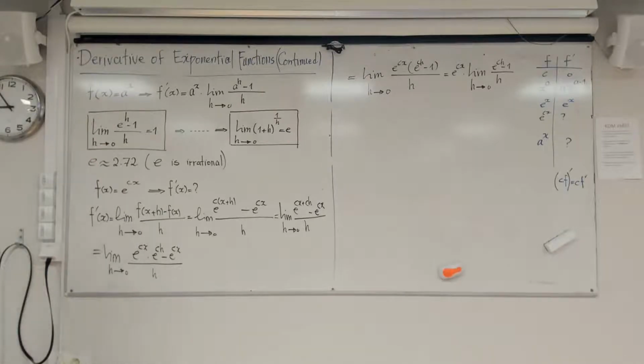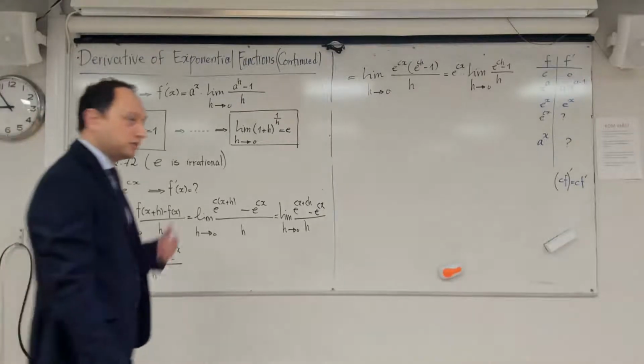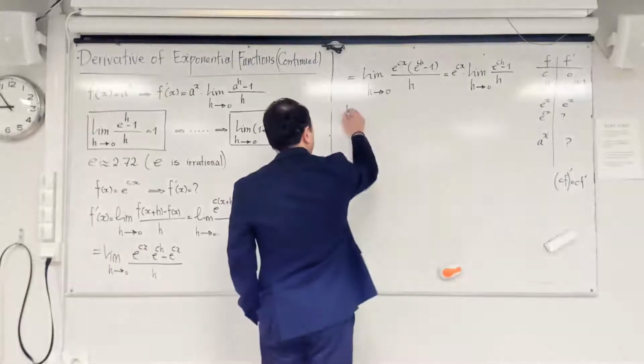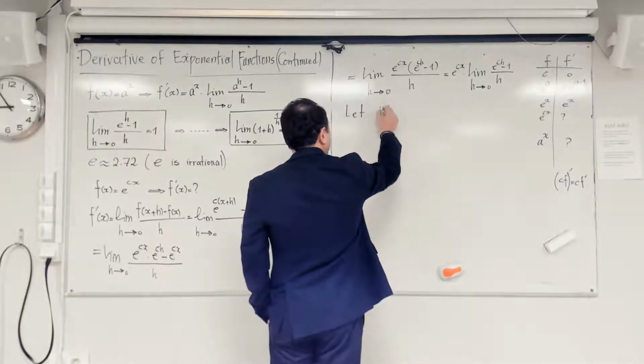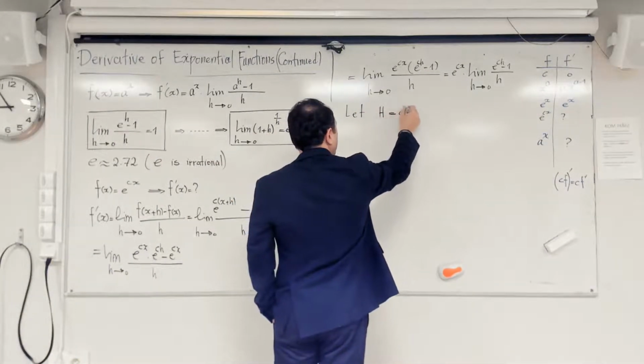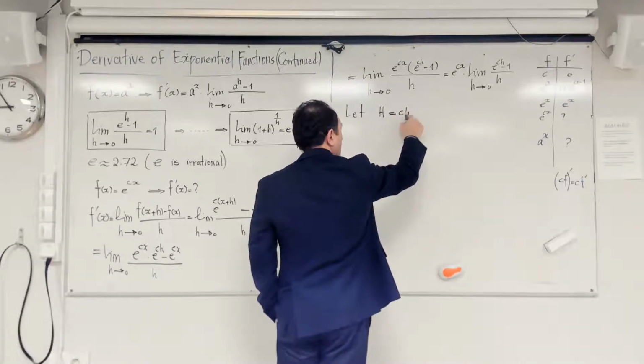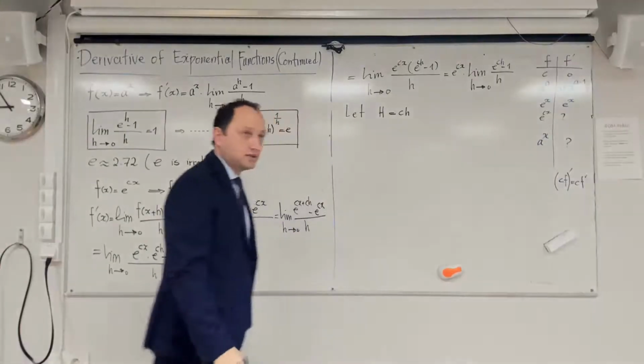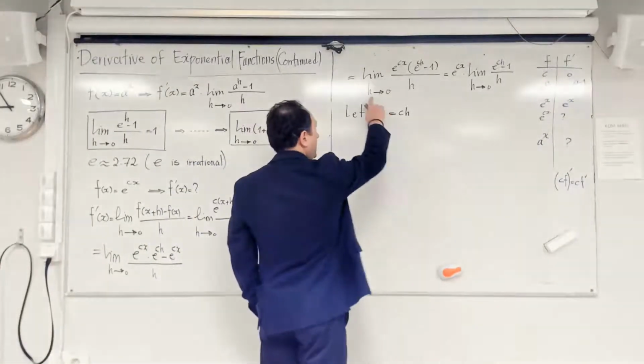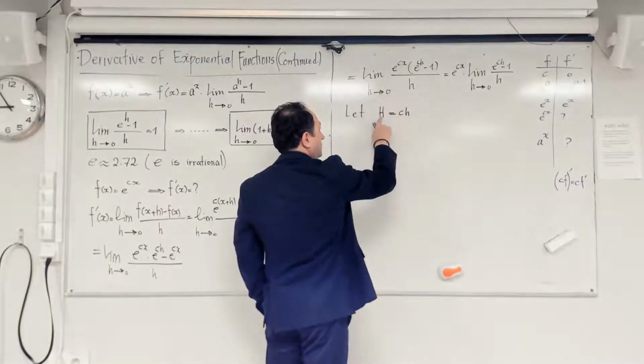Whenever this happens, you can introduce an auxiliary variable. Okay, so I would say let capital H be equal to ch. I am giving it a new name. Instead of ch, I call it capital H. Yes? But you can tell me, when h becomes small, what do you infer? What do you conclude about capital H?